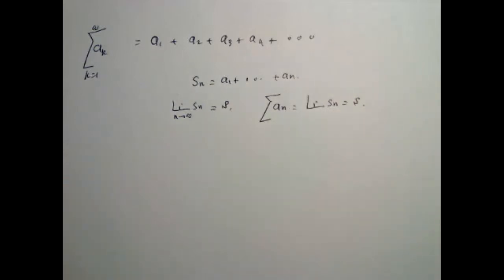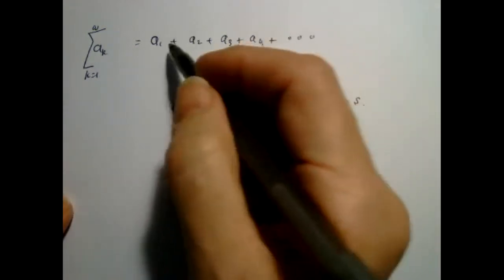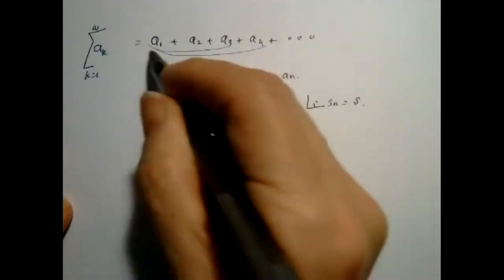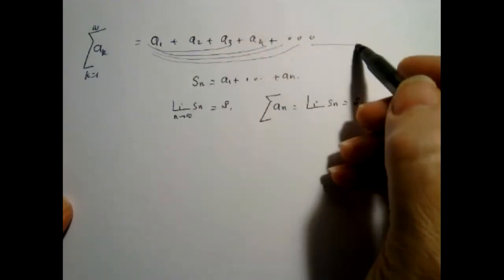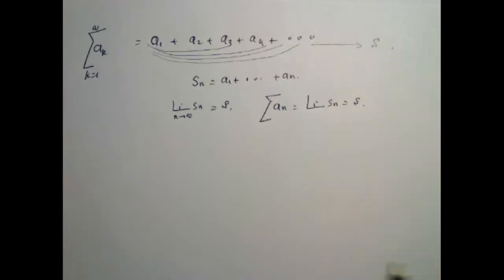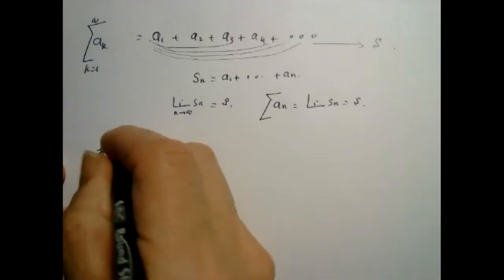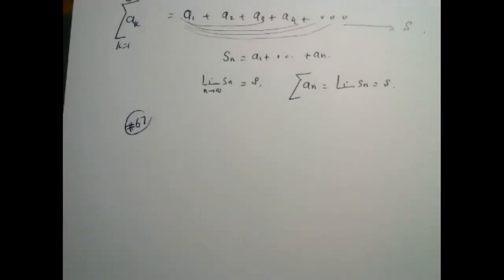That's the definition. Intuitively, a series converges if we keep adding terms and those sums become close to a number. Okay, we have two questions, so we do them because they elaborate this idea and then we proceed.